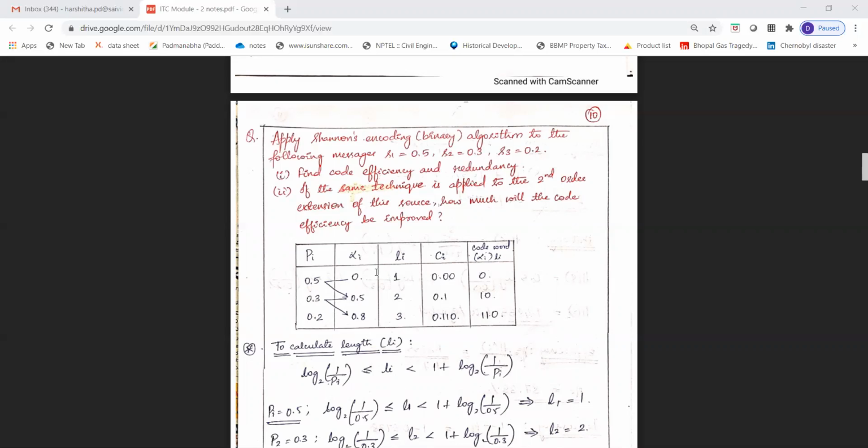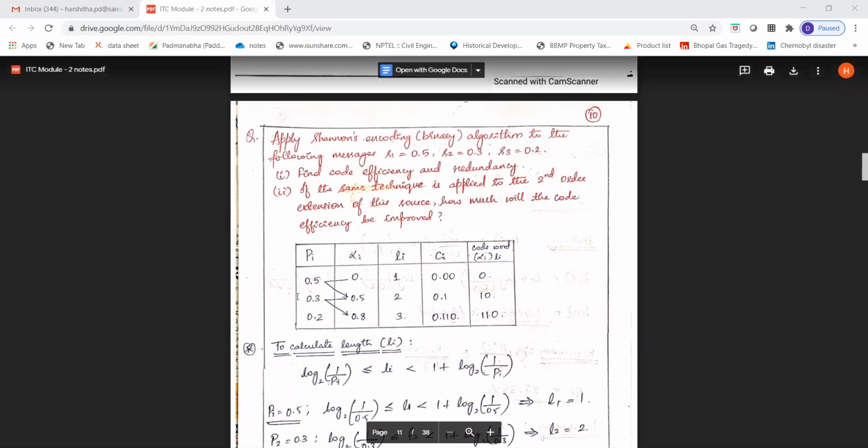Now, next I'll have to find the length, that is Li. For this, I need to remember a relationship between the length Li and the probability Pi. The relationship to find the length is: log of 1 by Pi to base 2 is less than or equal to Li, which is less than 1 plus log of 1 by Pi to base 2.